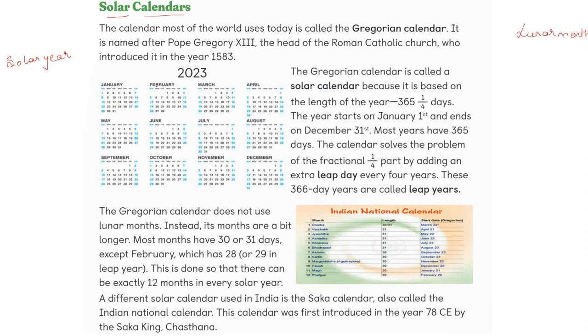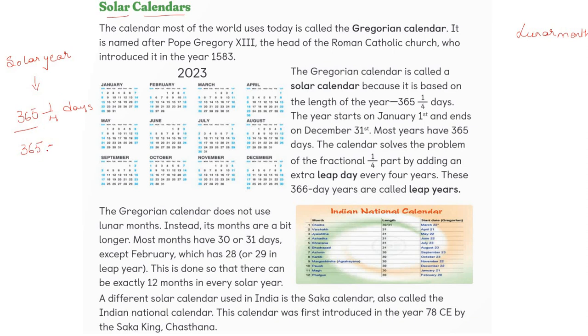The calendars which use solar year. How many days is a solar year? 365 1/4 days. So there are some calendars which arranged these 365 days, the calendar which we use.